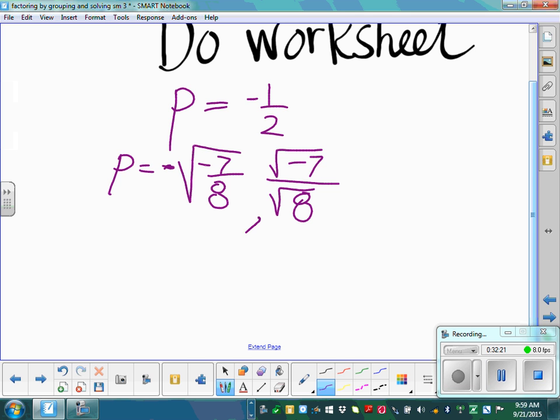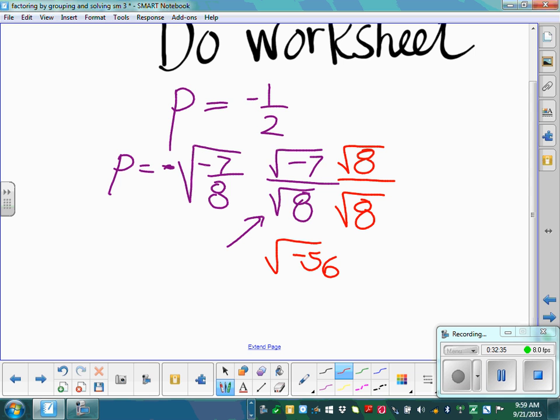Now the problem is the square root of 8 on the bottom. So we need to make that square root of 8 not a square root. So we'll multiply by the square root of 8 on the bottom and the top. On top we have the square root of negative 56, because since they're both under the root, you can multiply them together. And on the bottom, we have the square root of 64, which is 8.